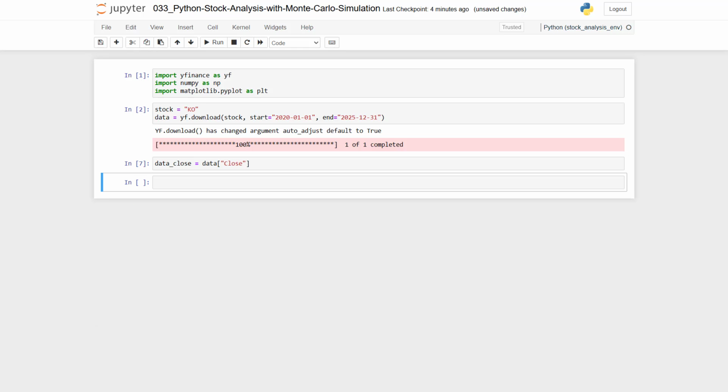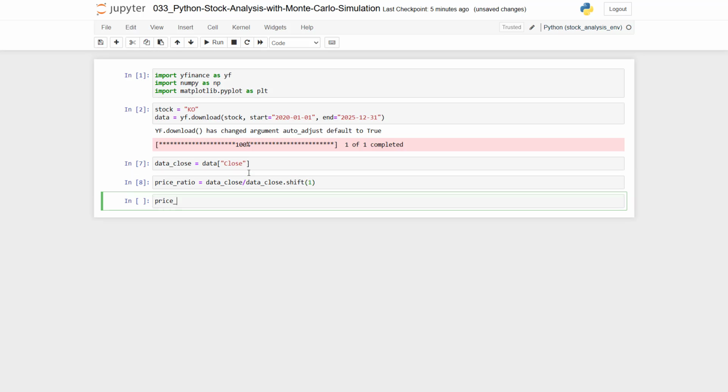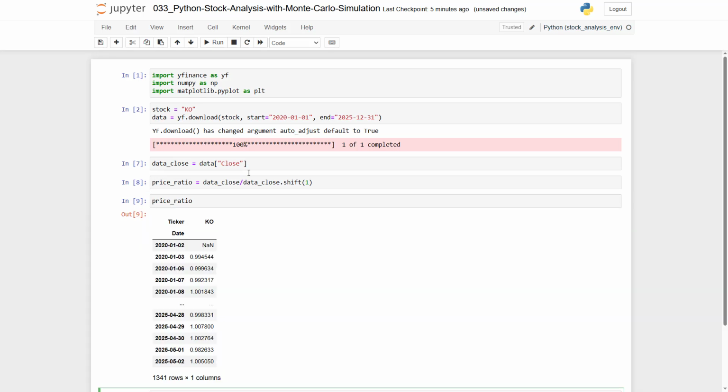Okay, sounds great. And now let's take a look at the price ratio. How do we calculate it? It would be data close divided by data close, shift 1. As easy as this one, pretty much saying what's the difference between each day in the closing data.